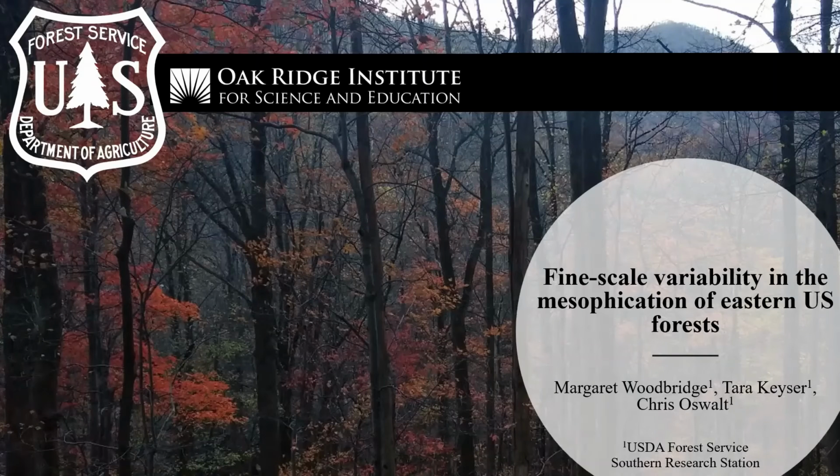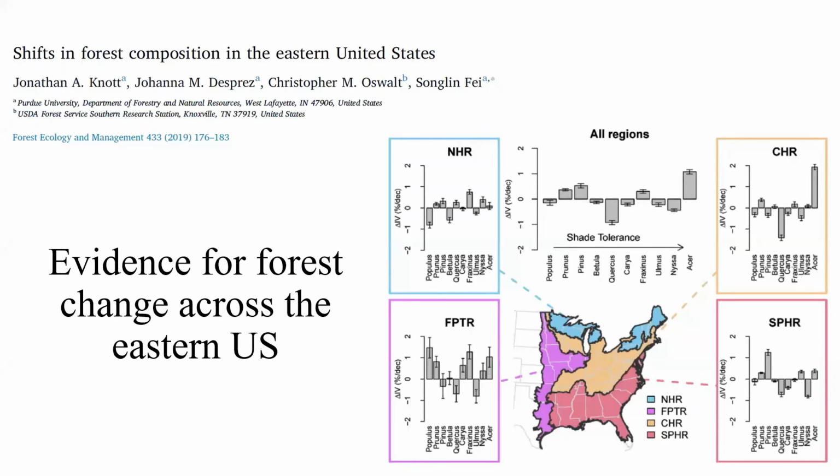So broadly, we're exploring factors that impact mesophication as it relates to change in functional composition at the stand and the watershed scale. There's a growing body of evidence that more mesic tree species are increasing in importance across much of the eastern US. This is an example of that.